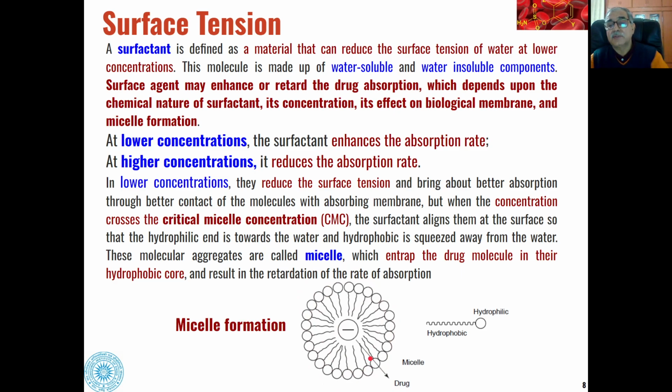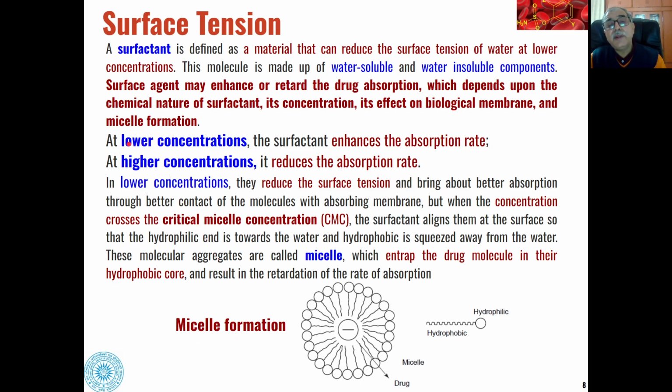What is the process of micelle formation? Here, this is the hydrophilic and this is the hydrophobic part of the surfactant. So the way they are arranged around the drug will lead to the formation of micelles.